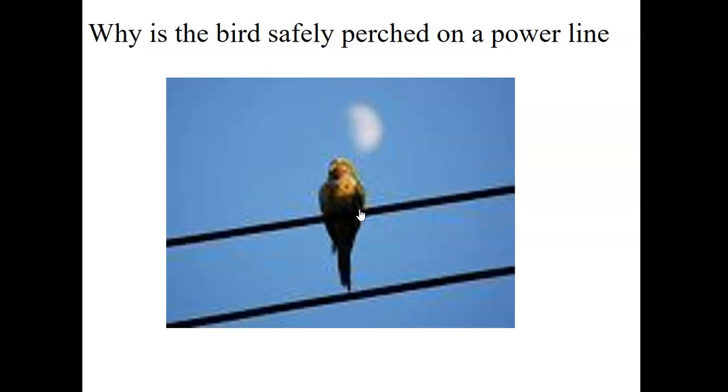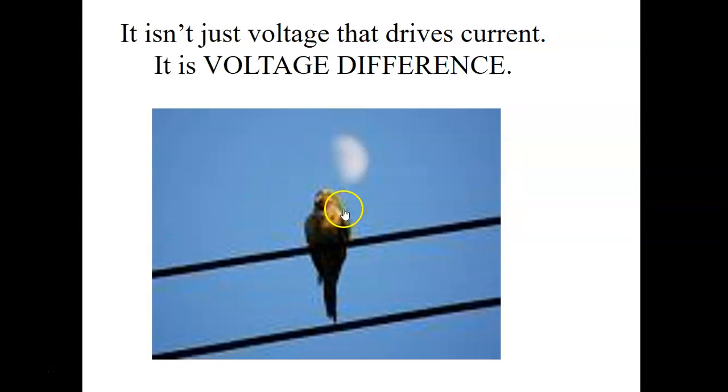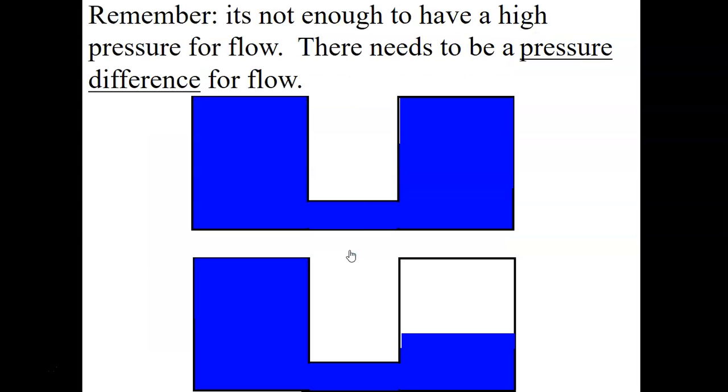That's really implied when you say voltage, because voltage is always measured relative to some other voltage. It's always voltage difference. So he's got high voltage on one side and high voltage on the other side. There's no reason the current's going to go through him, because the current's getting pushed in from both sides, so there's no direction for it to go.